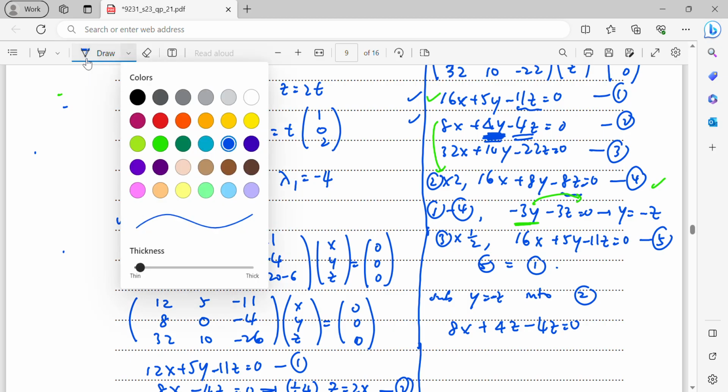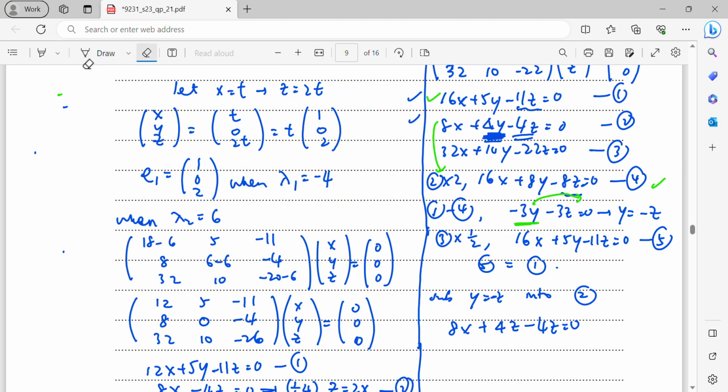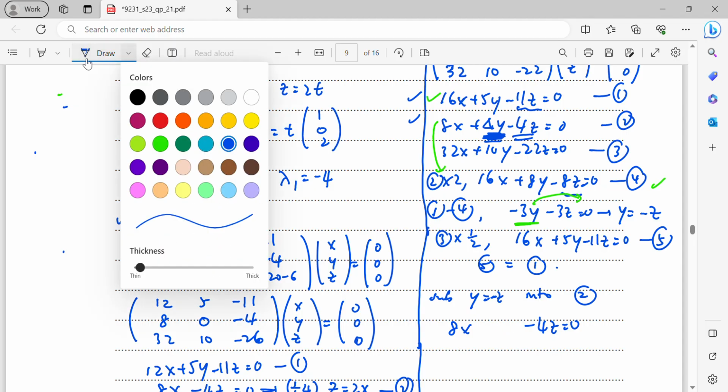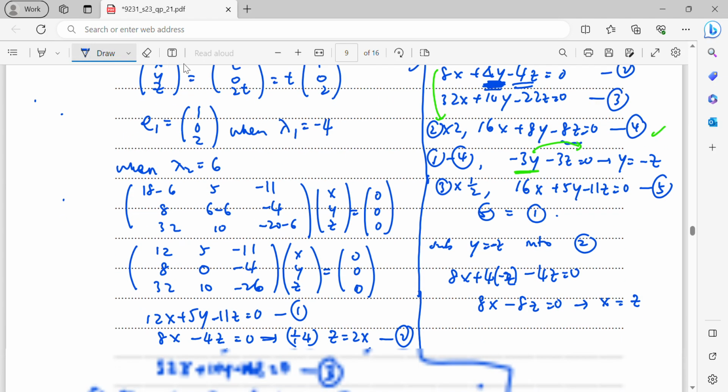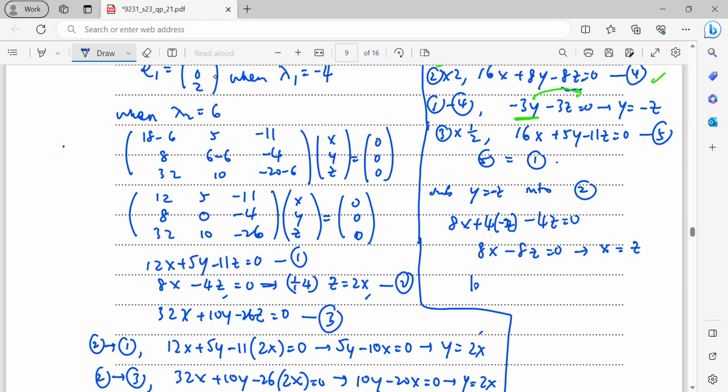So I will get plus 4 negative z equals to 0, which means 8x minus 8z equals to 0. Okay, then my x will be z. So now I will let my z be w.